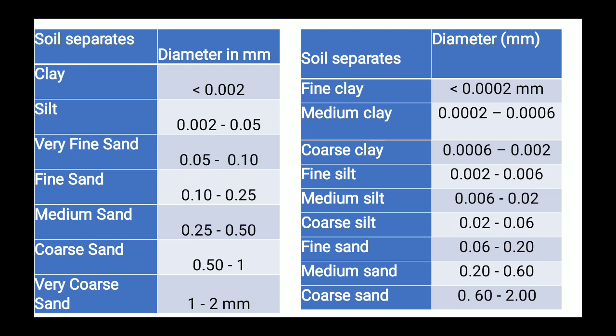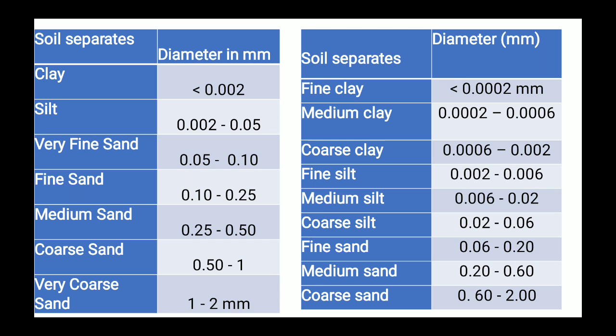Then fine sand has 0.10 to 0.25, and medium sand 0.25 to 0.50. Then coarse sand has 0.50 to 1 millimeter diameter, and very coarse sand has 1 to 2 millimeter diameter.